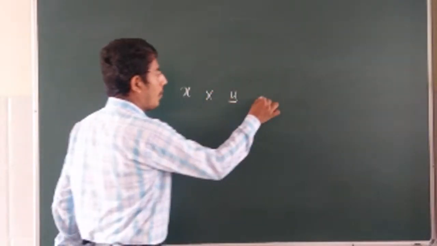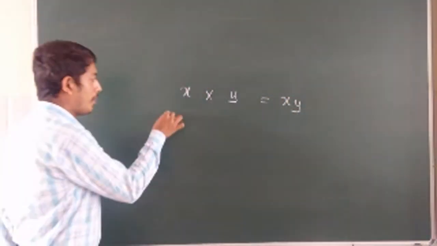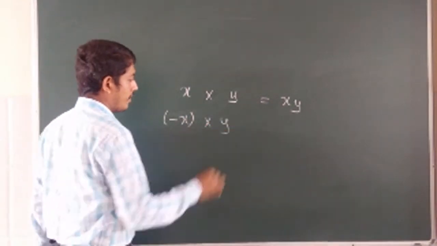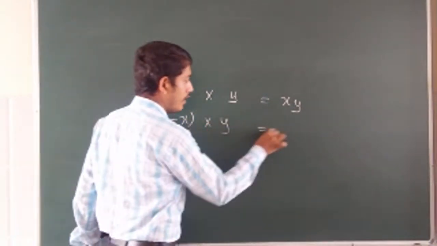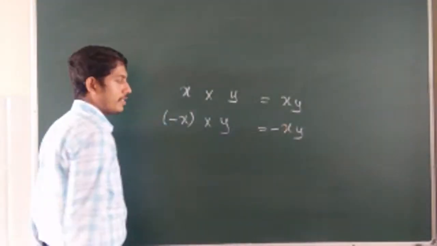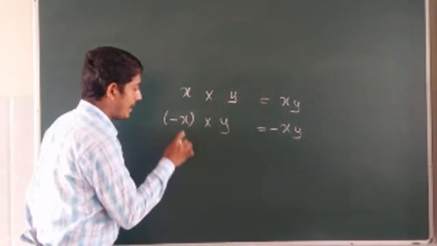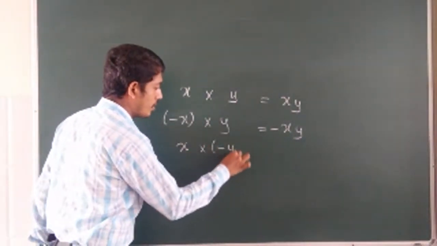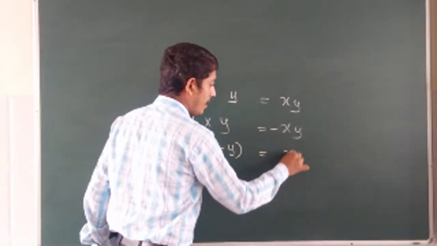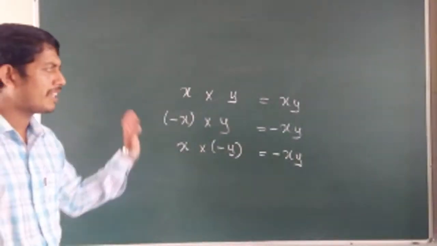So x into y becomes xy. If for example x is negative and y is positive, x into y is xy, minus into plus, minus. Then if x is positive and y is negative, x into y is xy, plus into minus, minus. We have to multiply all the terms.